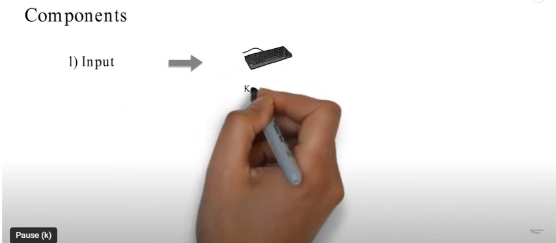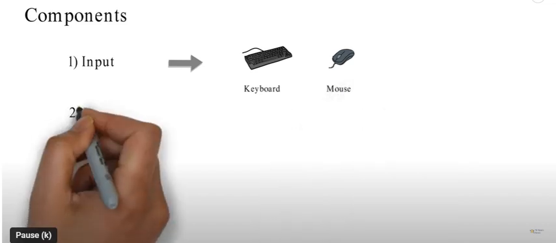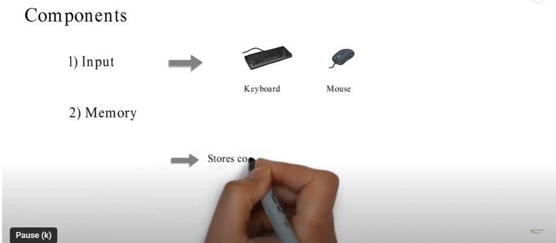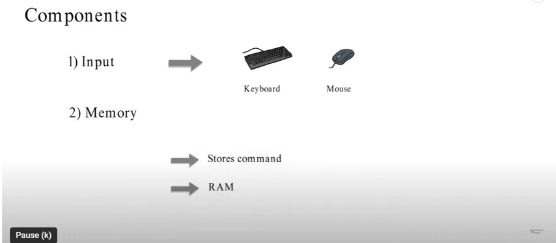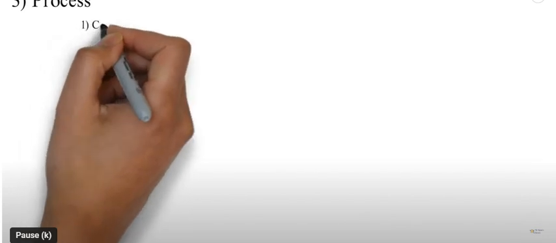So let's discuss the components. The first one is input. It comes through input devices like the keyboard, mouse, etc. For the memory, the data is temporarily stored in a memory called random access memory. The processor has two parts.